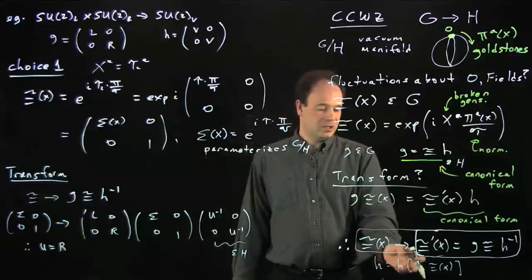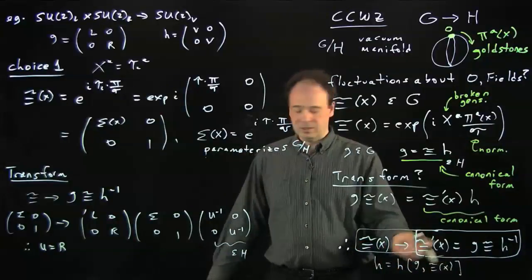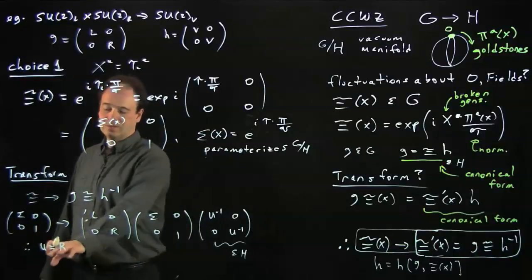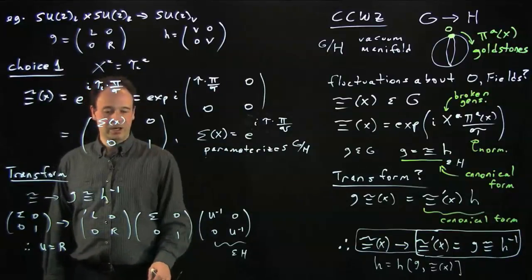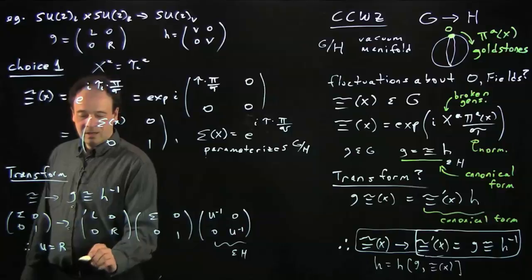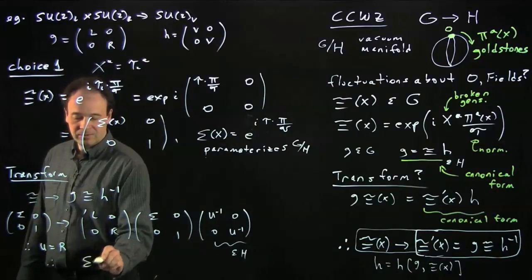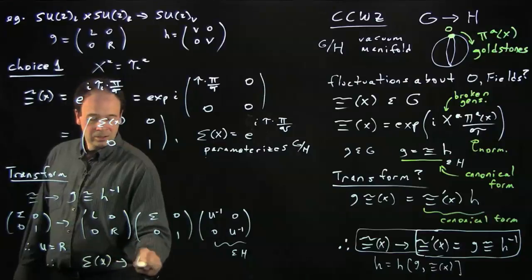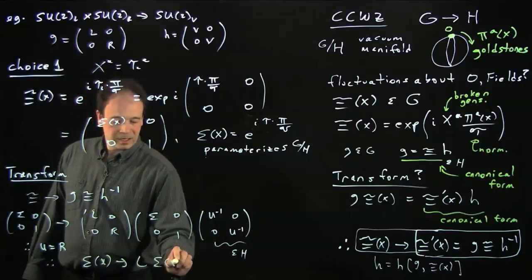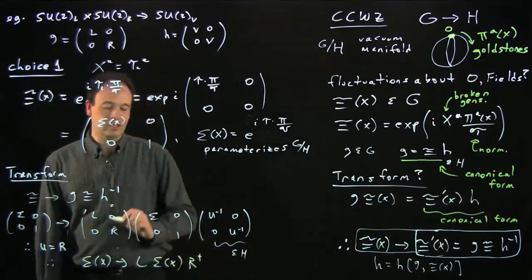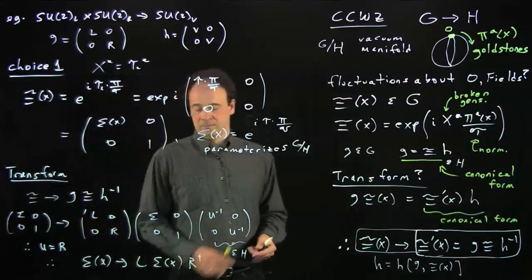Remember I said that h should just be a function of the group and the cascade, so I'm just telling you now what the choice of that function is, working it out. So u is just simply r here. And once I know that, then I can find the transformation law for the sigma field. So I find that sigma goes to l sigma back again, and then r inverse, which because we're talking about unitary groups, is just r dagger.